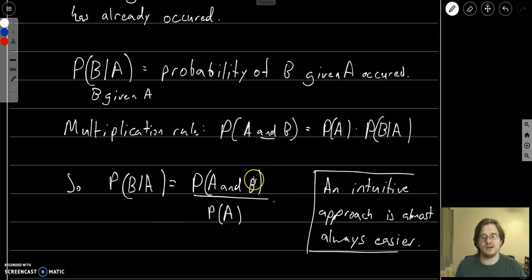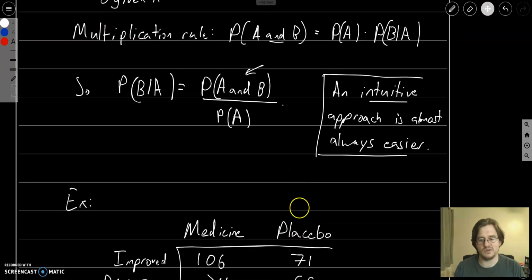It's generally hard because oftentimes this is a little bit hard to calculate, and an intuitive approach is almost always going to be easier. So know this formula, but the intuitive approach is what we'll use most of the time.